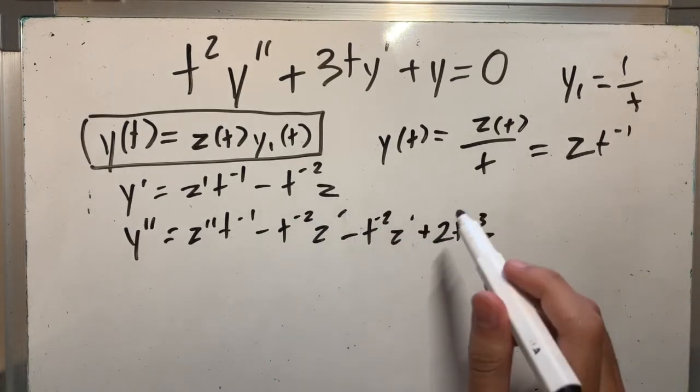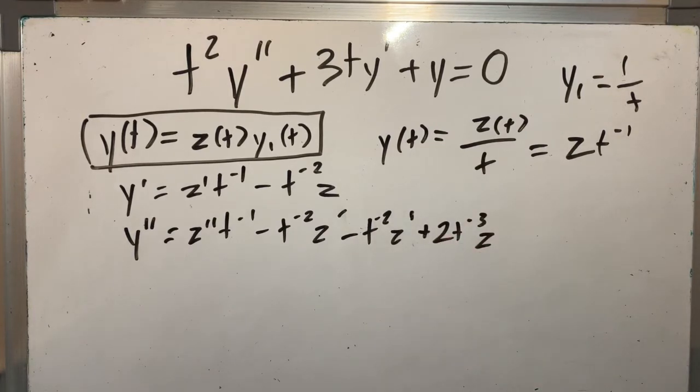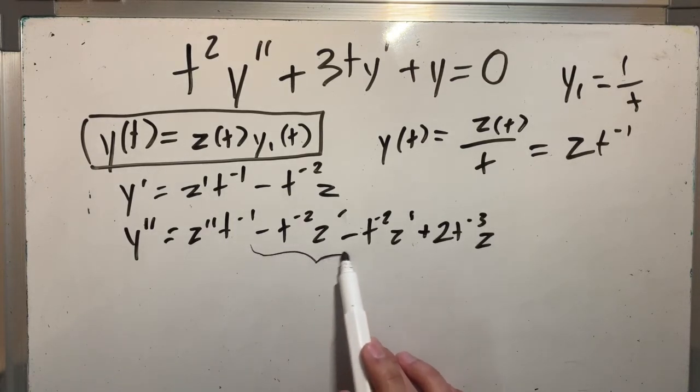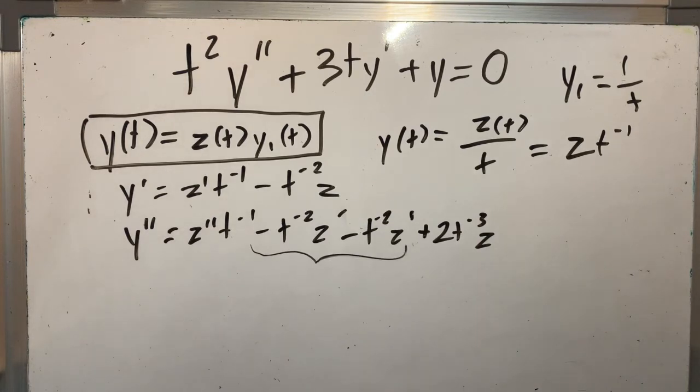So once we found this, it's looking already pretty ugly. We can add these two, and then we can also start to substitute in certain equations.